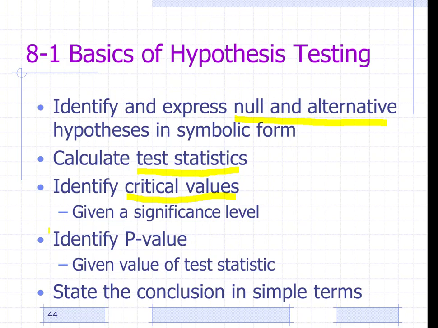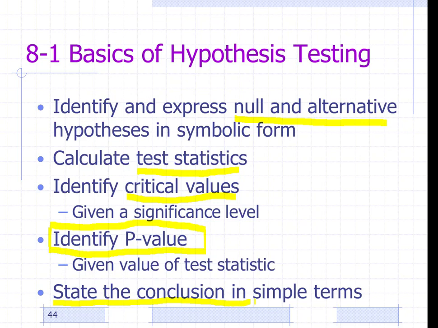But what we're going to be doing mostly is talking about the probability, which is the p-value. So we're going to calculate a test statistic, and because we have easy access to technology, we can find the p-value, the probability that we would get that value if our statement is true, and then we can make conclusions.